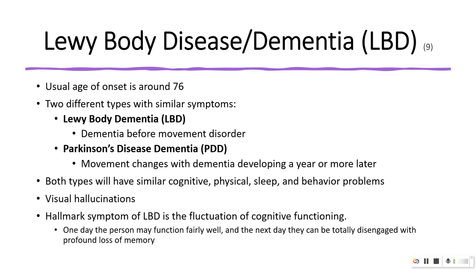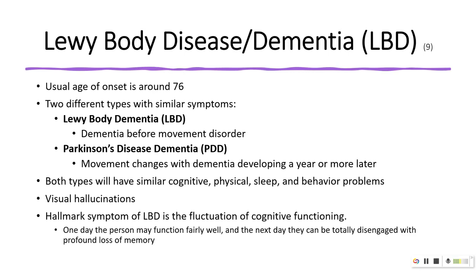So if the dementia and the confusion occurs a year prior to the movement disorder, then the person is diagnosed with Lewy body dementia. If the person has Parkinson's disease and has had the movement disorders and the changes that go along with that movement, and then a year later they start to have some confusion and some dementia, then that would be considered Parkinson's disease dementia.